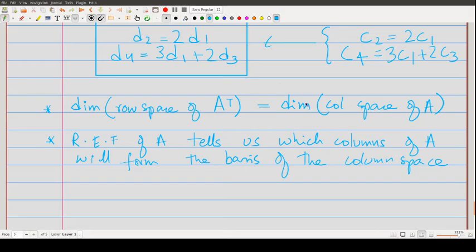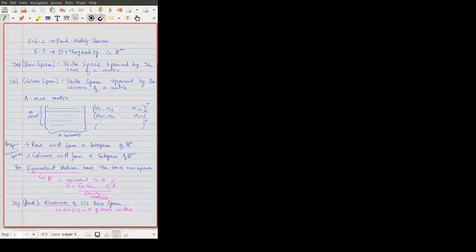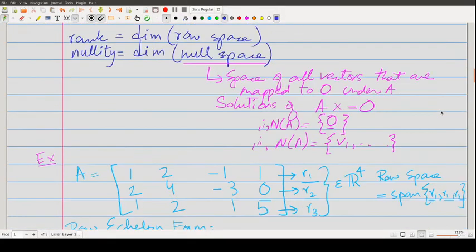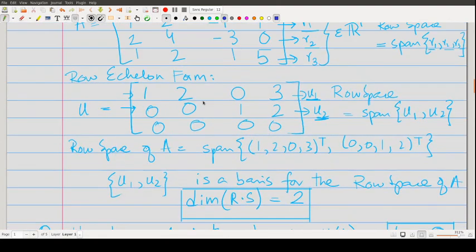Notice that for the row space, all we need to do is look at the rows and they give us the basis.